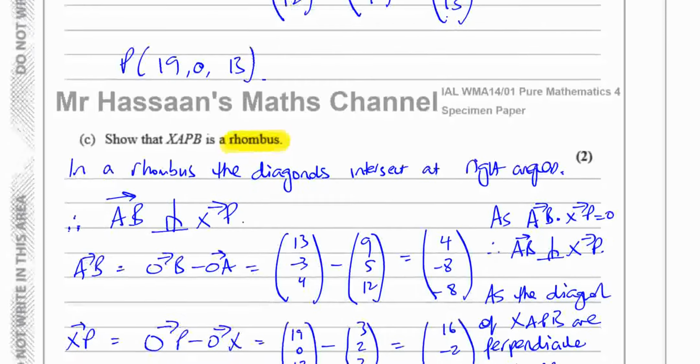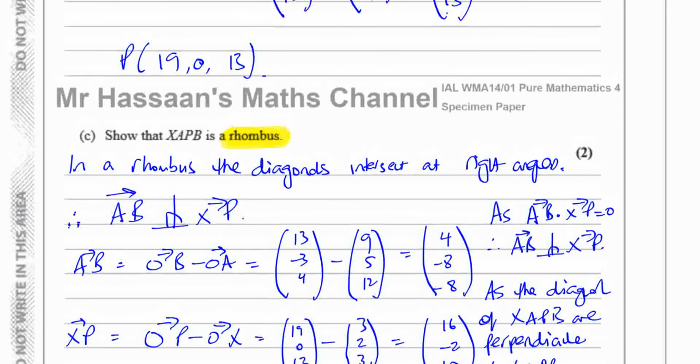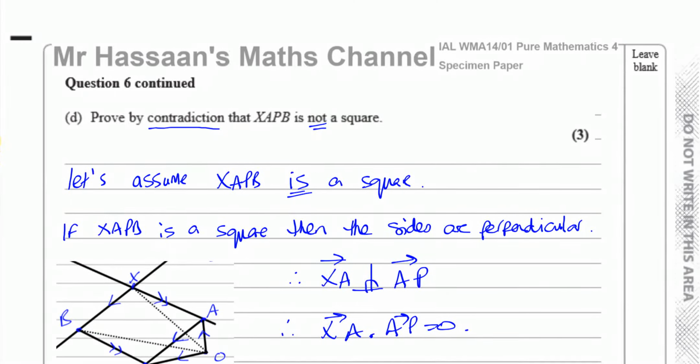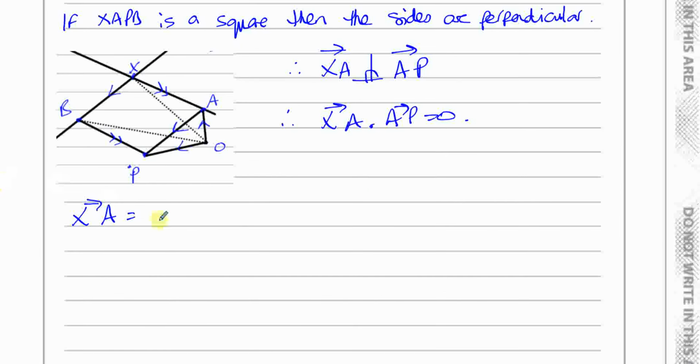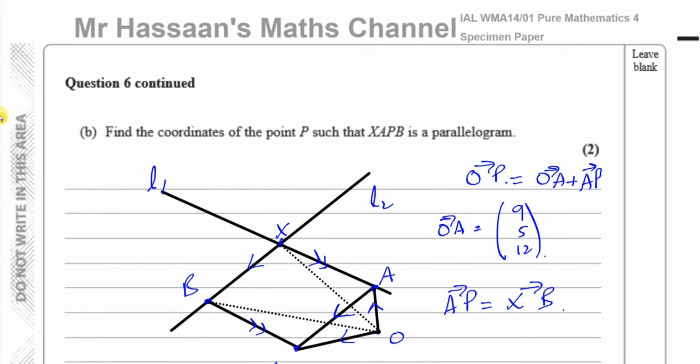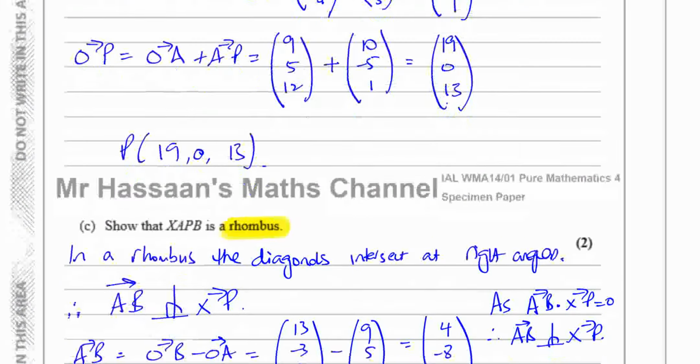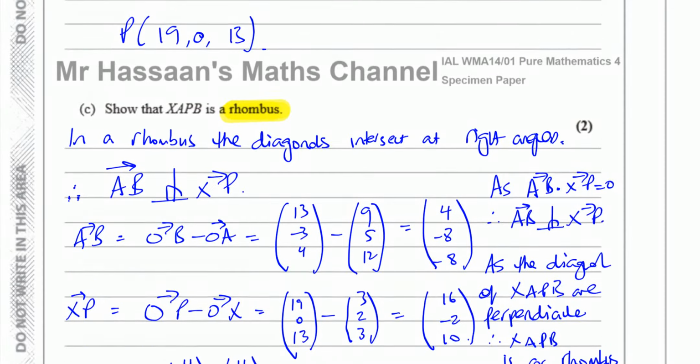Did I find it anywhere? No. And A to P, I'm sure I found A to P somewhere. Yes, it was the same as X to B.